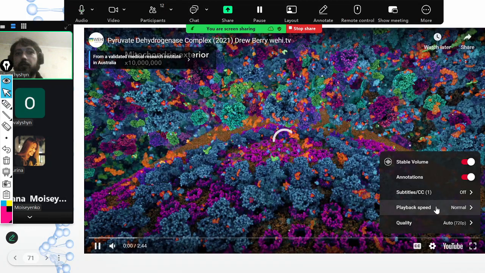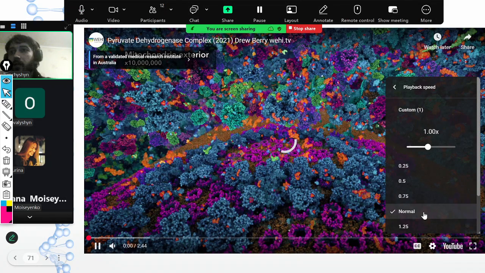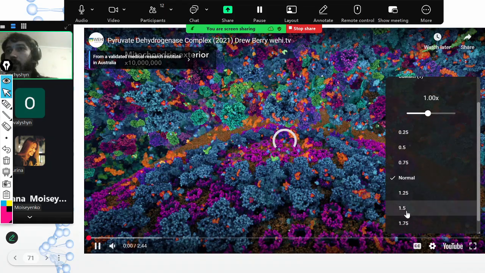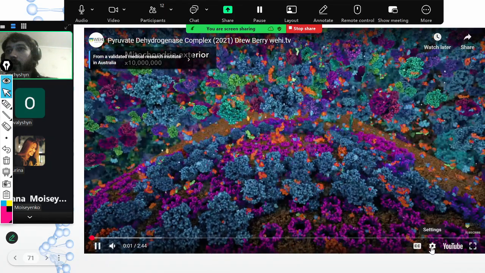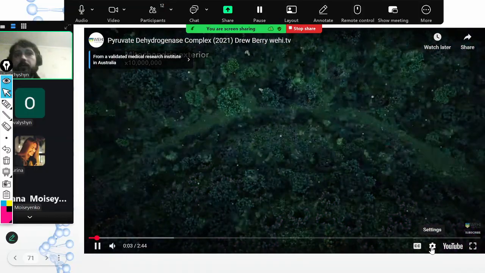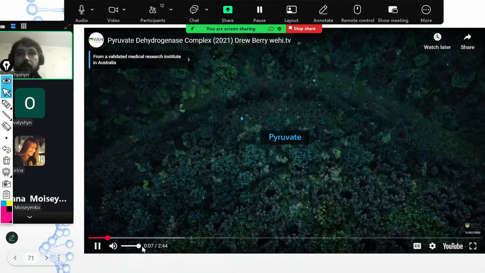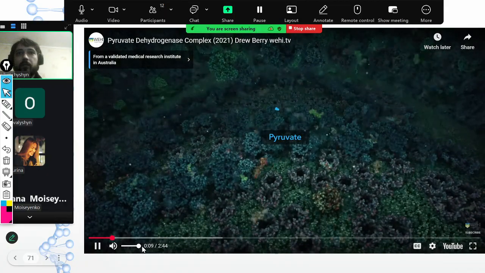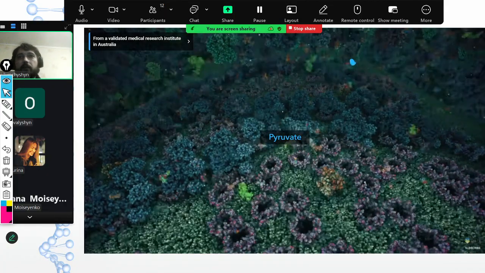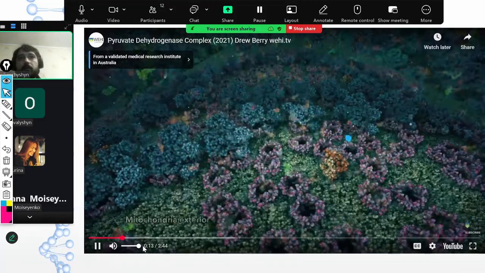Okay, I guess I'll speed up a little bit. The product of glycolysis, the pyruvate molecule, is the source of carbon and electrons for aerobic respiration reactions inside your mitochondria.